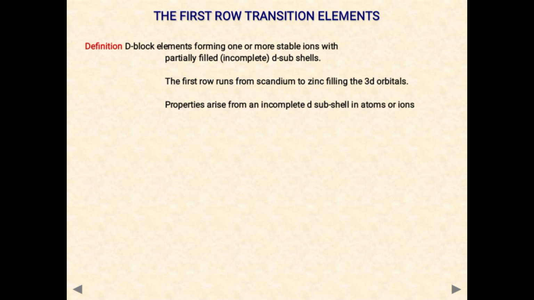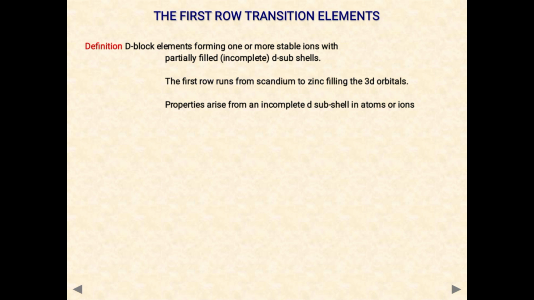So when we say d block elements or transition elements, it means those elements that have partially filled d orbitals. The word partially filled d orbitals means that the orbital should not take the complete 10 electrons on the d. It means that the electrons should be within 1 to 9. So all those elements that have 1 electron on their d orbital, 2 electrons, 3, up to 8 and 9, are transition elements.